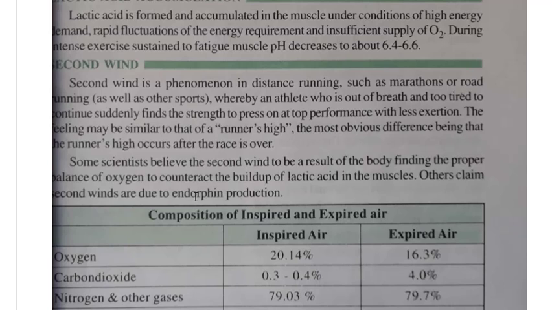Others claim the second wind is due to endorphin production. Okay, so what is second wind? Let us again see. Second wind is a phenomenon in distance running. So when we are running, such as a marathon where the distance is very large, or road running, an athlete who is out of breath and too tired to continue suddenly finds the strength to press on at top performance with less exertion.